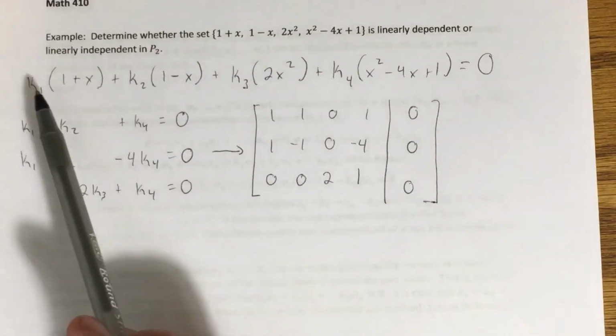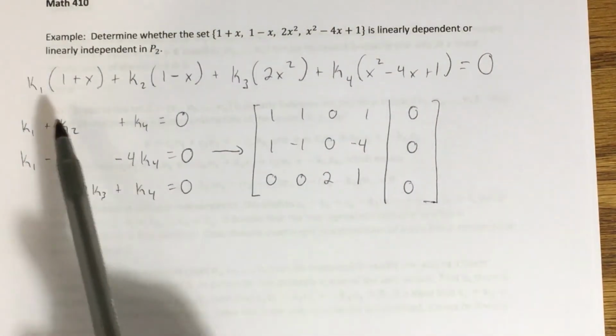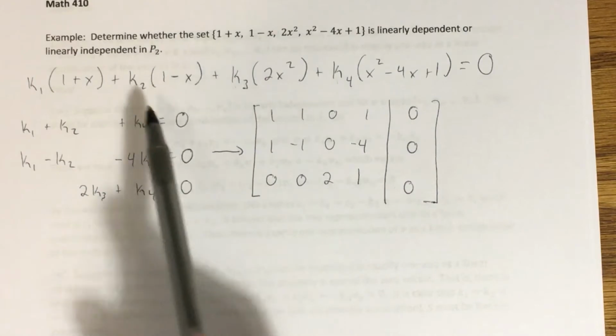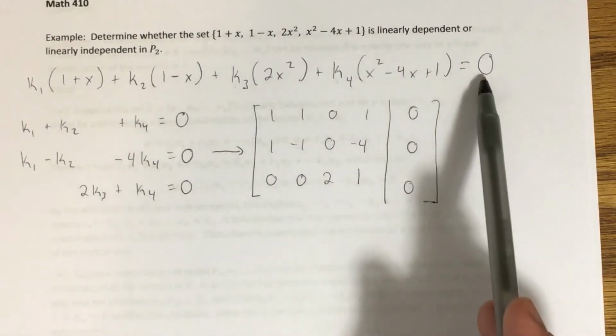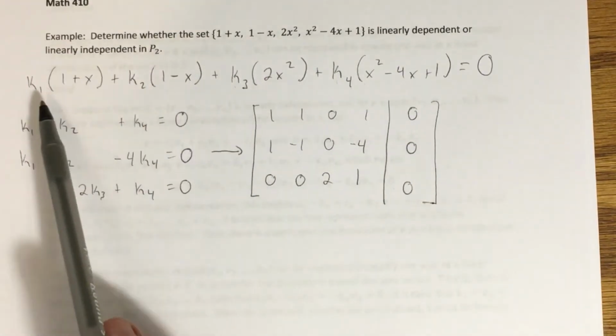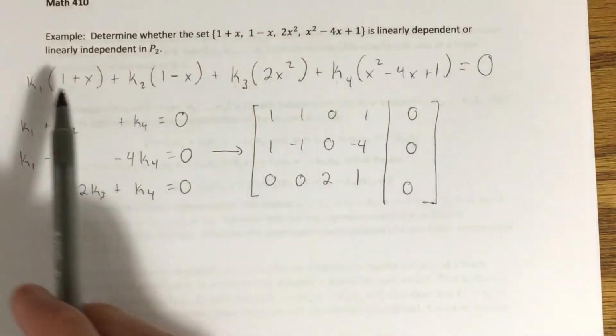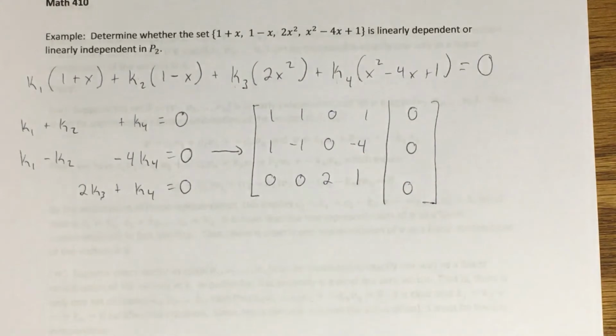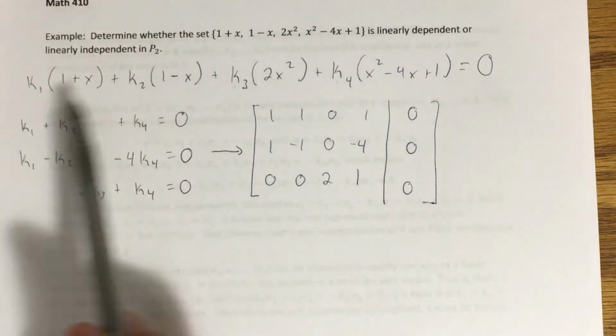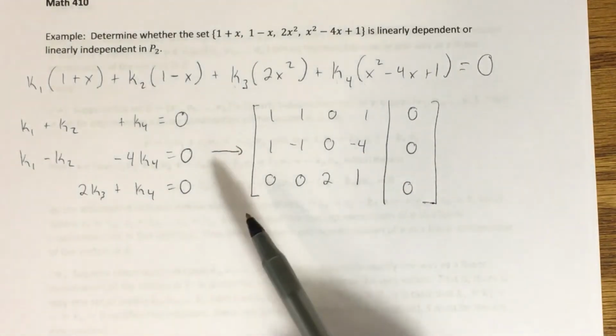Remember that concerns these scalars. So k1, k2, k3, k4, do they all have to be 0 in order for this equation to be true? Or could they also equal some other set of numbers, not all of which are 0, that still gives me a 0 here? And notice the k's are the unknowns in this system of equations.